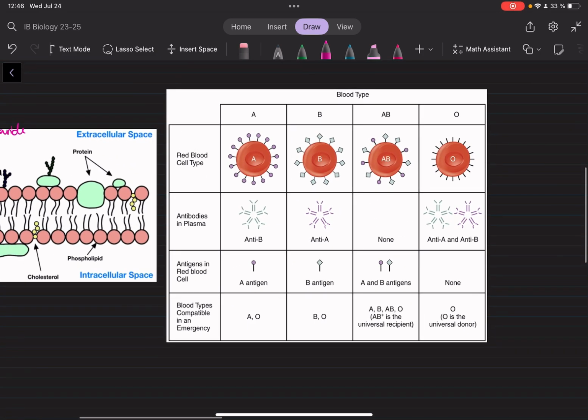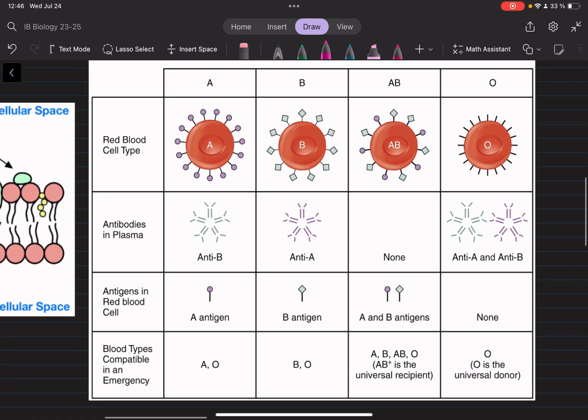But these are important for cell recognition, especially in the blood. So in this case, the antigen would be the glycoprotein, and these are really important when, for example, donating blood. These have antibodies, and if you give the wrong blood to the wrong person, those antibodies could start attacking the red blood cell because of the antigens and the glycoproteins on that red blood cell.